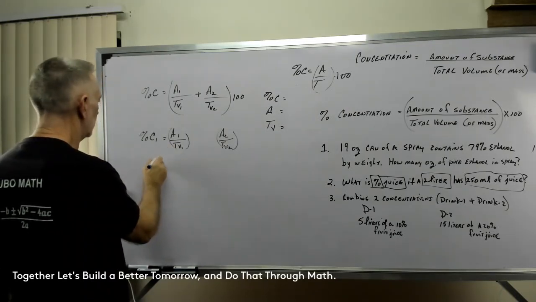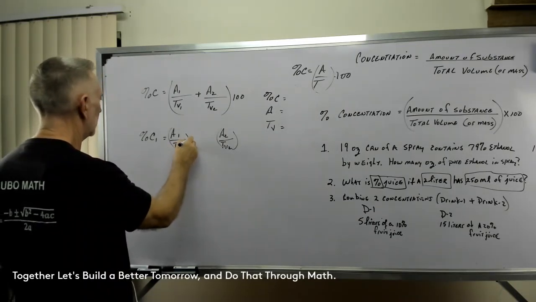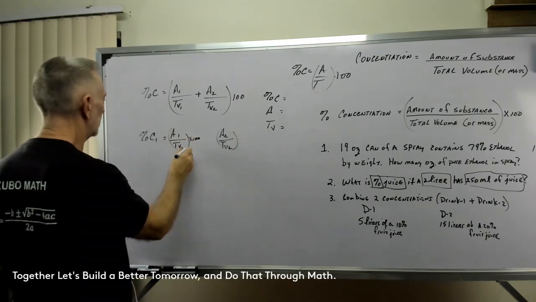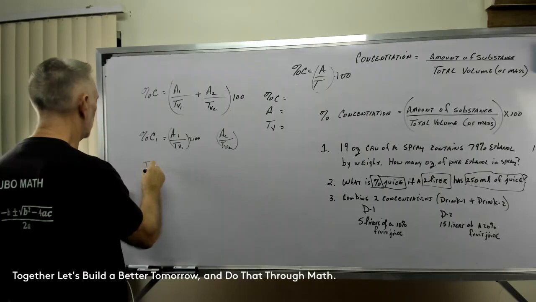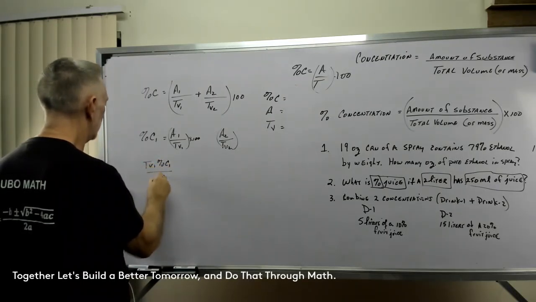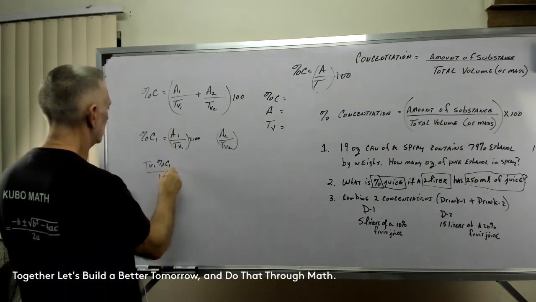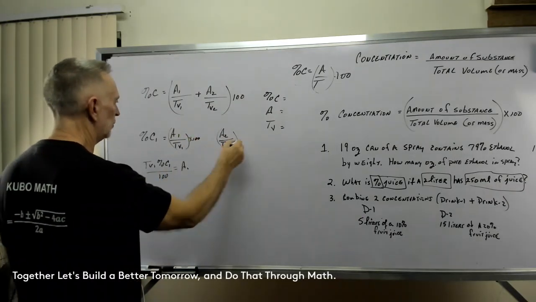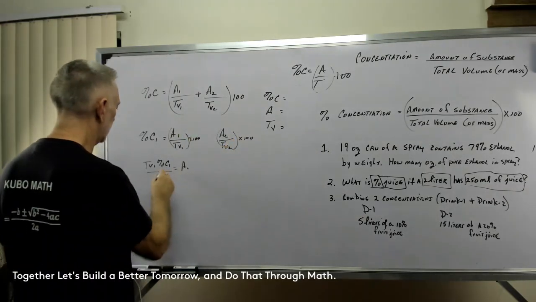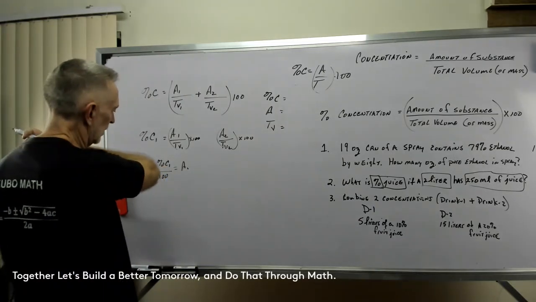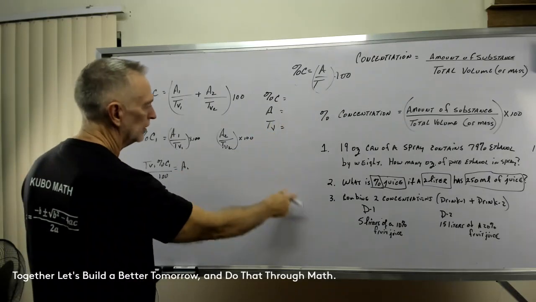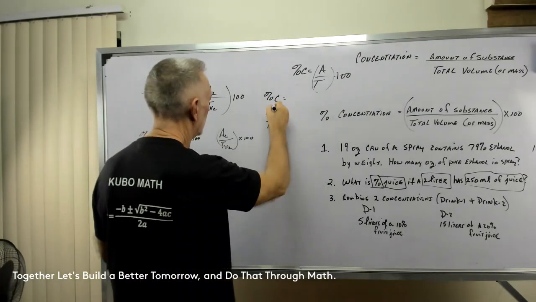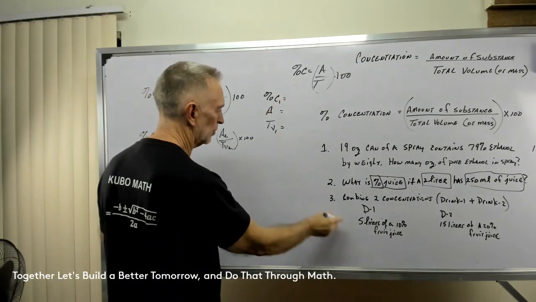All right, so let's solve this at the moment. TV1 times percent C1 divided by 100 equals A1. I have to do the 100 to get to A1 and A2. All right, so TV1 and C1, so we had 10%.